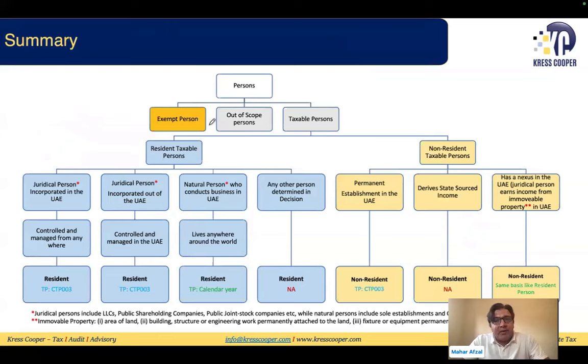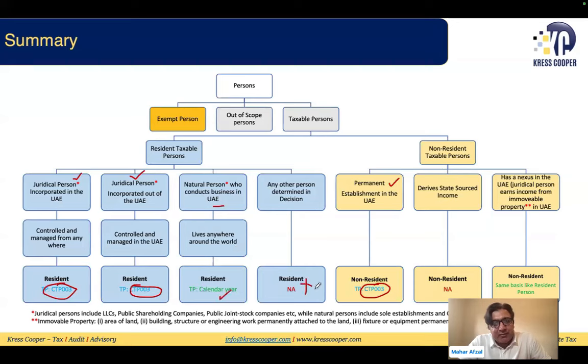So I'm coming back to the same slide again just for your convenience. Just look into this and this. It has been covered in public clarification number 3. A natural person who conducts business in the UAE, it has been given in the law, their financial period will always be the Gregorian calendar year, and the same will be the tax period.